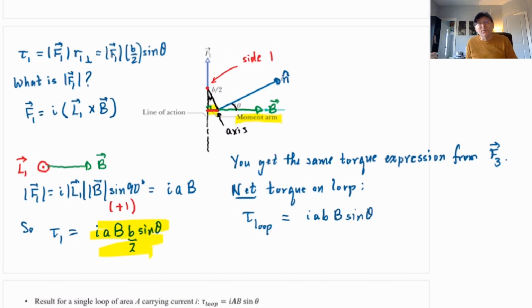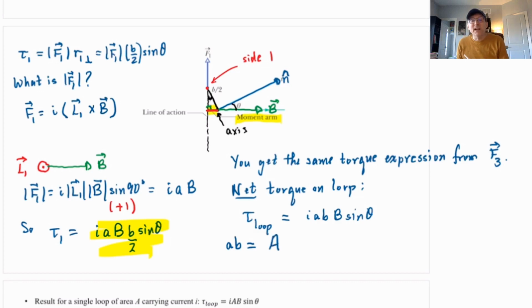Do you understand what all the symbols mean? Of course, I is the current in the loop, little a is the length of the long side, little b is the length of the short side, big B is the magnitude of the magnetic field from the magnet, and sine of theta, where theta is the angle between the n hat and the B. But notice something. The combination of little a times little b, well, that's just the length of the long side times the length of the short side of this rectangular loop.